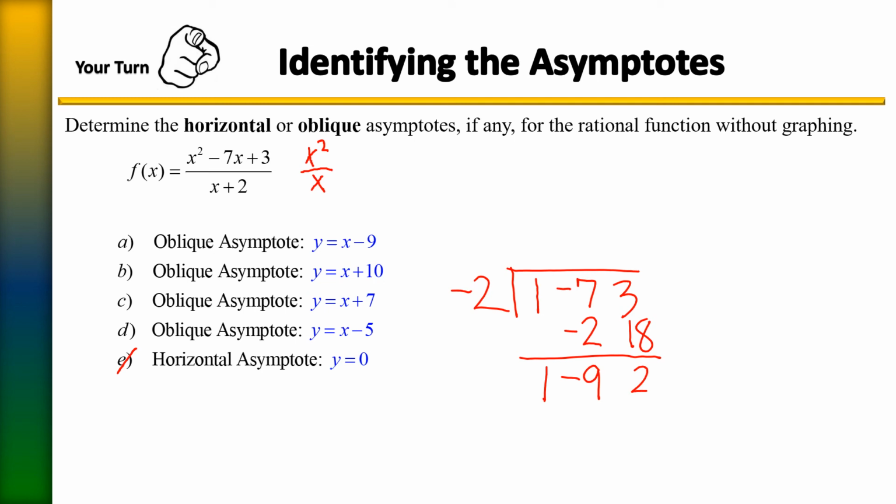I'm going to bring down 21. In either case, we always disregard the remainder. And what we have here, when we put in our variables, the equation of our oblique asymptote is going to be y equals x minus 9, which is, as you can see, choice A.